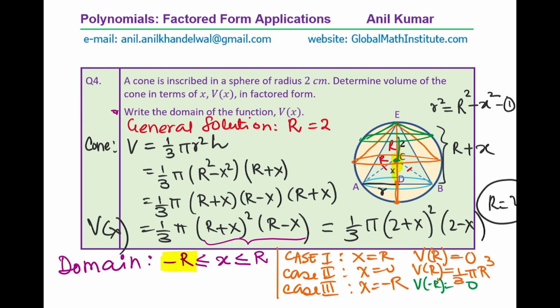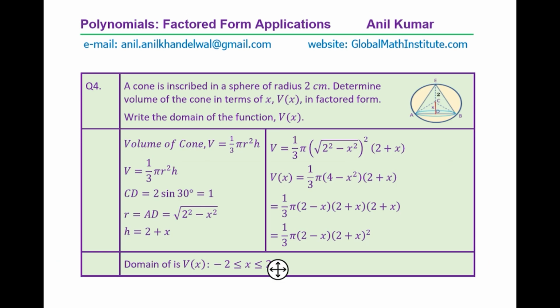So, as we have shown here, the domain is actually going to be from minus r to plus r. For r equals to 2, as given in the question, the domain will be from minus 2 to plus 2. Is that clear to you? So have a good look at the solution shown here. Understand the concept.